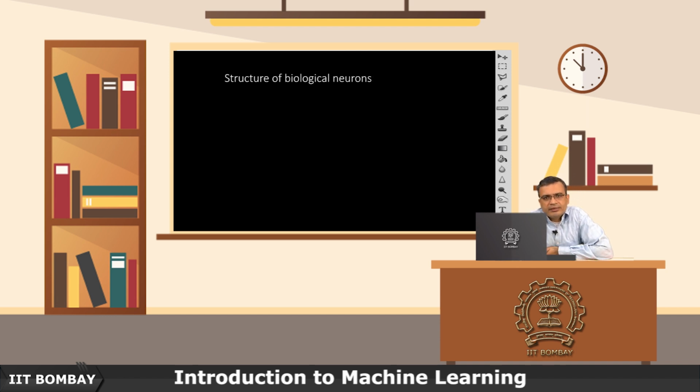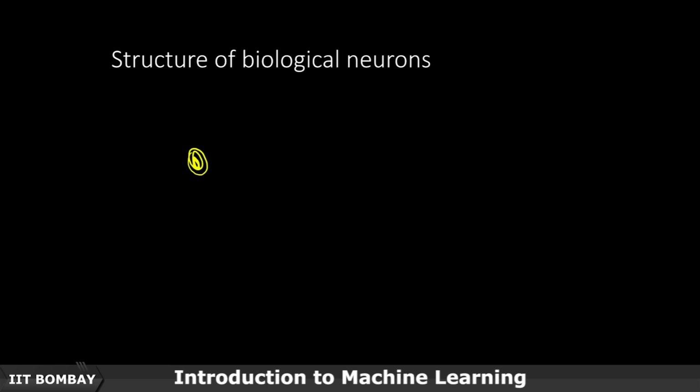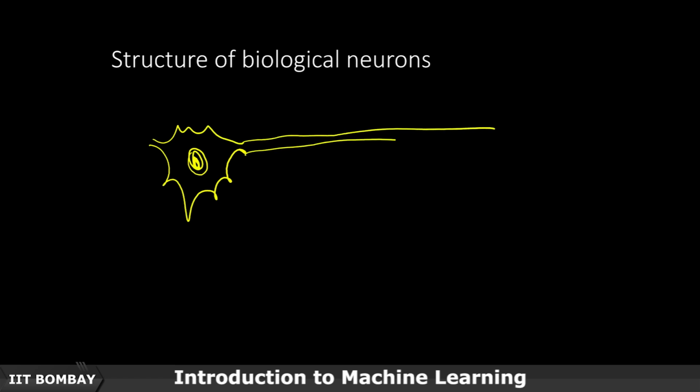So where did this idea of neural networks come from? It basically had inspiration in the structure of biological neurons. In a biological neuron you have a cell nucleus, and there is a cell body around it, and then there is a very large fiber that goes from that body, called the axon.